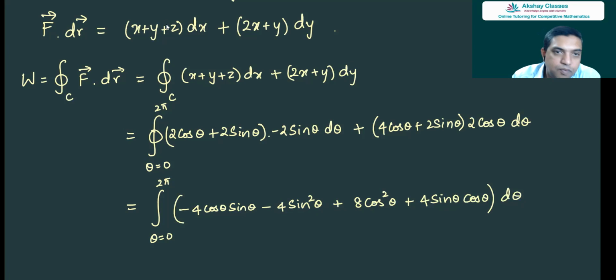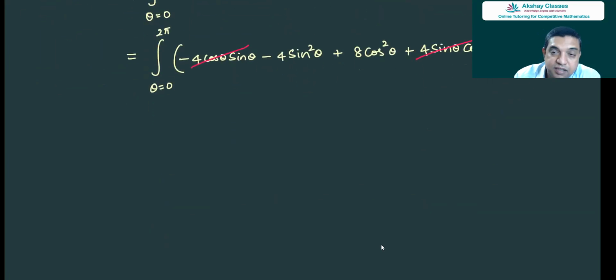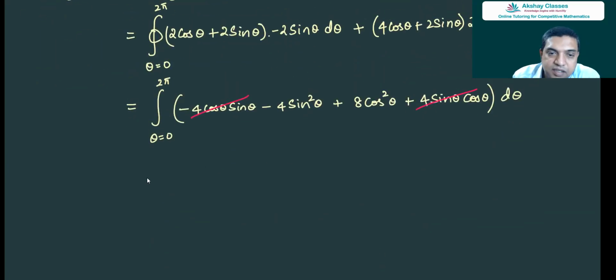So what happens is this and this cancel. So now we have the square terms. If we substitute 2 pi minus theta, you will get the same function. Sine square of 2 pi minus theta will be sine square theta. Cos square of 2 pi minus theta will also be cos square theta. So because of this, using the property, we can reduce to 0 to pi.